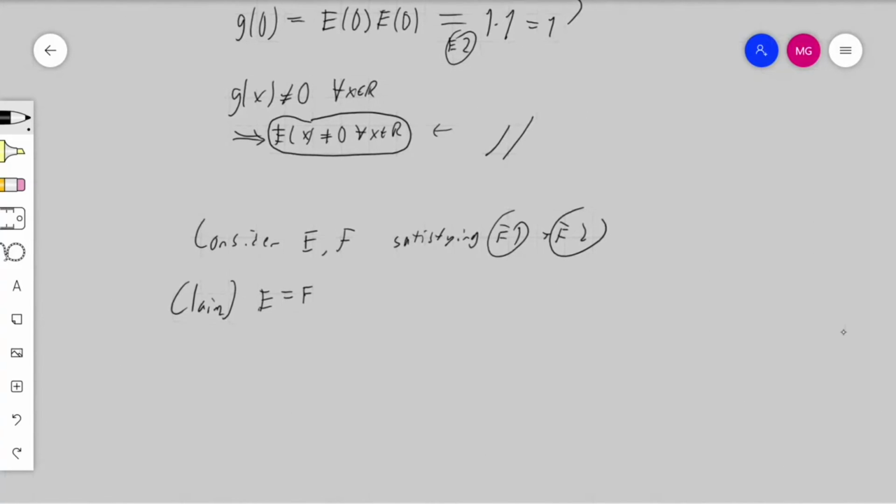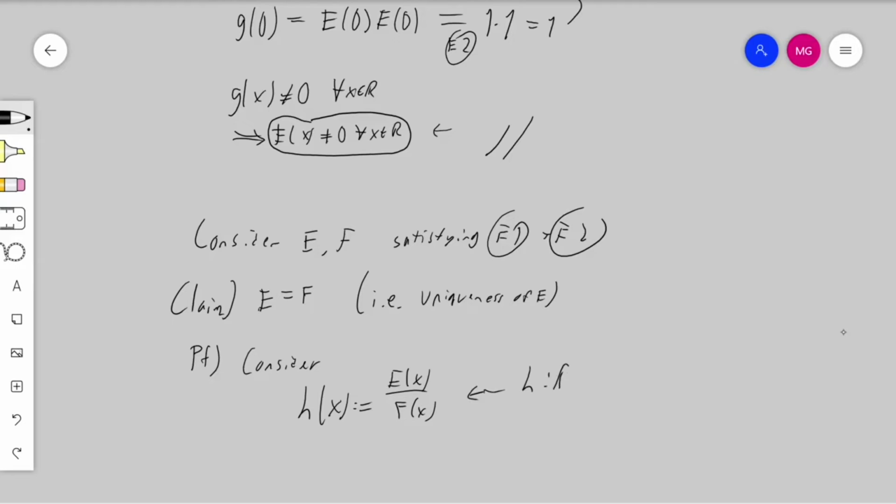So the way that we're going to prove this claim of uniqueness is we're now going to consider the following function. So consider the function h of x, which is defined to be the ratio of these functions, e of x over f of x. And let's keep in mind that h will map us from the reals to the positives.